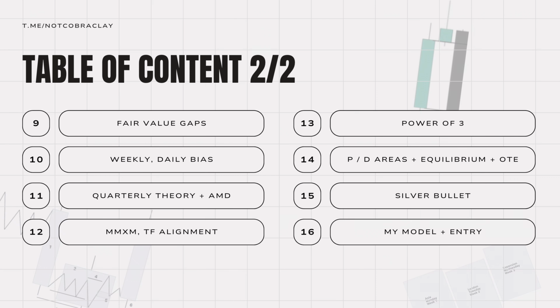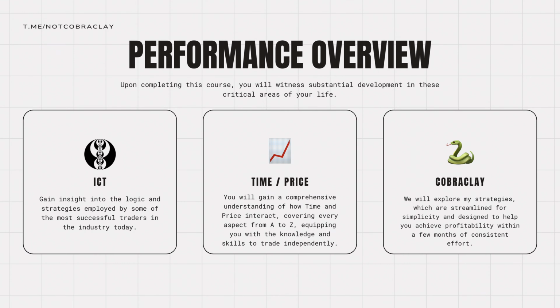We will immediately hop over the performance overview where you will now see 3 categories, the main categories. Upon completing this course, you will witness substantial development in these criteria in your life and in trading specifically.